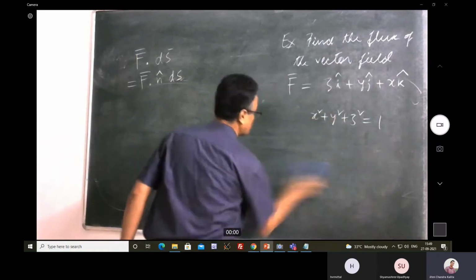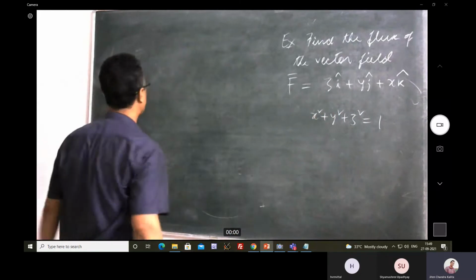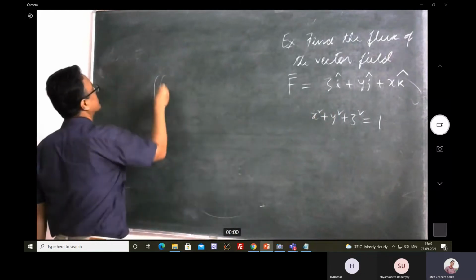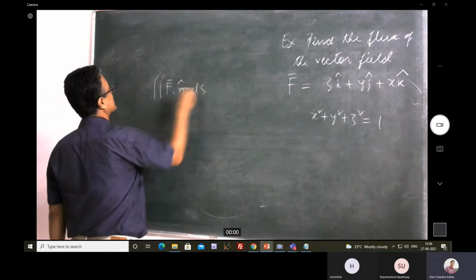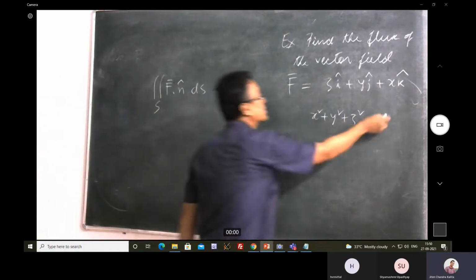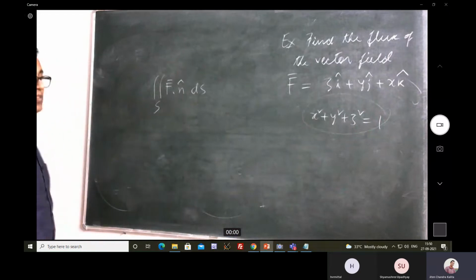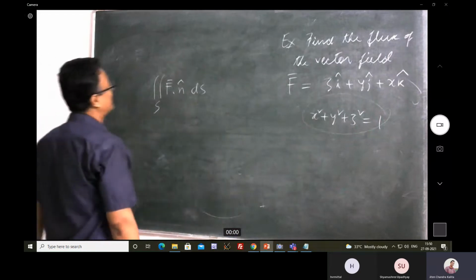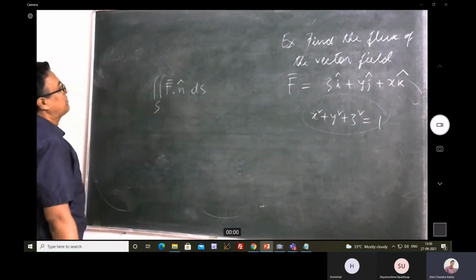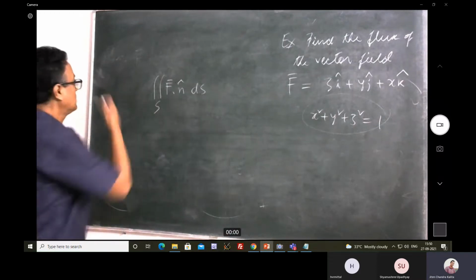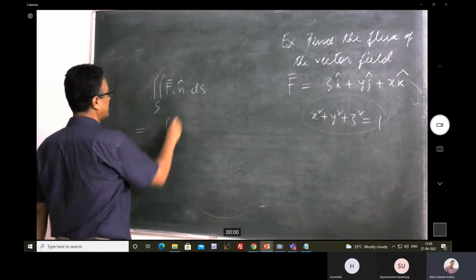Flux means you have to simply find this integral of F dot dS. Here S is the sphere given by this. So again, you can simply follow that formula.